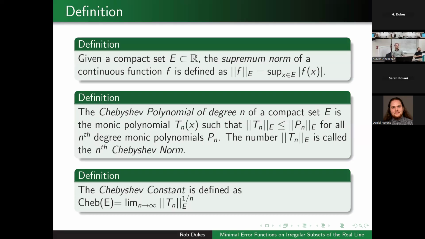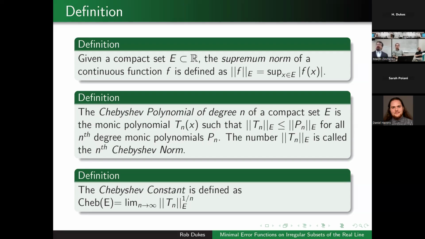So we're working on compact sets in R for this talk. We define the supremum norm as just the largest value the function takes over the set E. So if it has just one exceptional point where it gets really big, that's enough to make the supremum norm get much bigger.